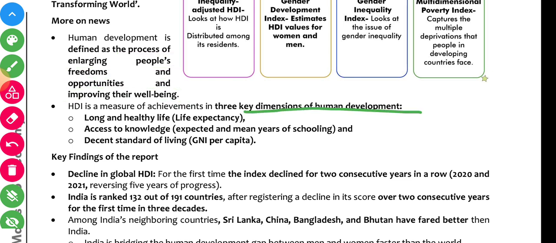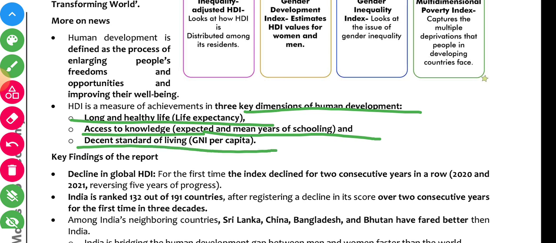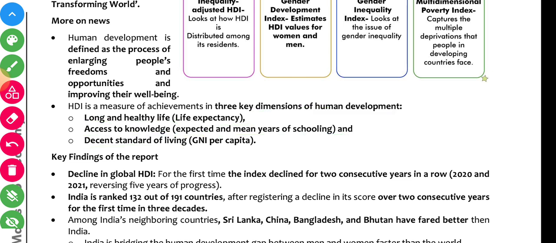The 3 key dimensions of human development are: a long and healthy life, or life expectancy; access to knowledge, expected and mean years of schooling; and a decent standard of living as per gross national income per capita.